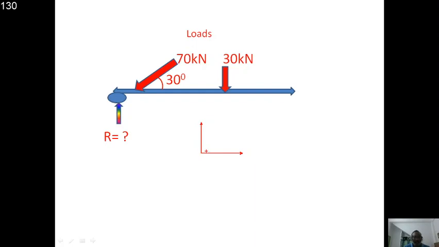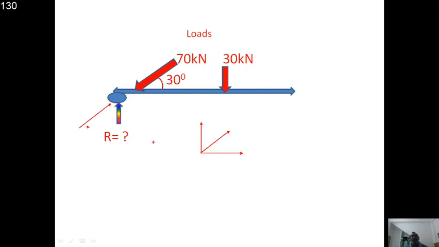Hence the hinge support gives the inclined force reaction in terms of the inclination also. So this reaction will be inclined at this point.